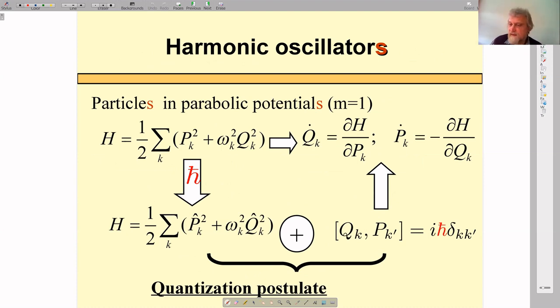So let me concentrate on the important. We are talking now about a big number of harmonic oscillators. They are independent. Fine. We can talk about particles in parabolic potentials, representing those.